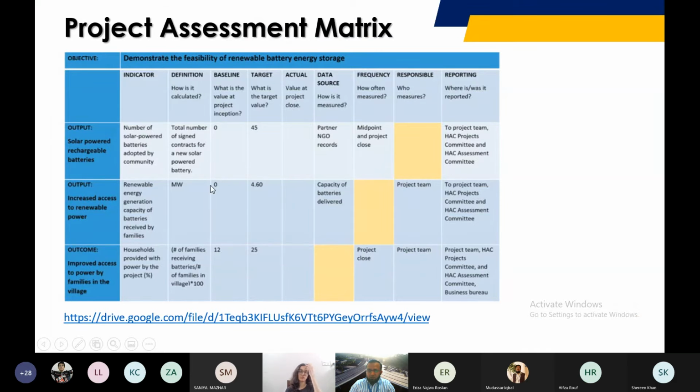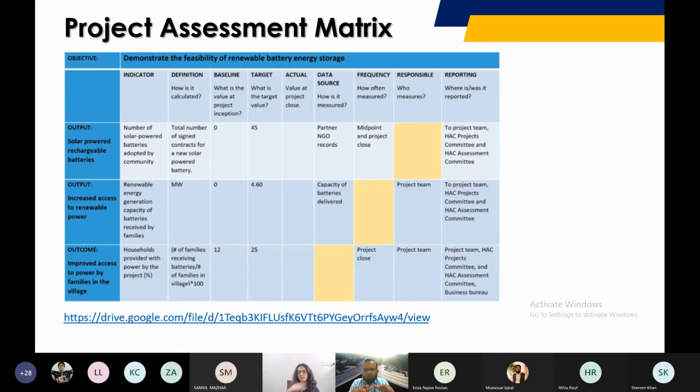The assessment matrix is somehow the overall picture of how you are going to achieve your objectives, what the indicators are, and how you can actually execute your project. So this is something that you must go through.